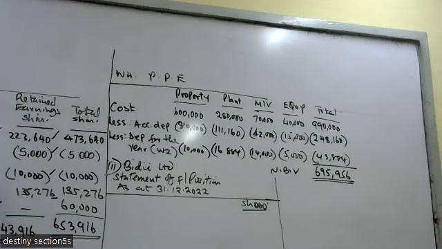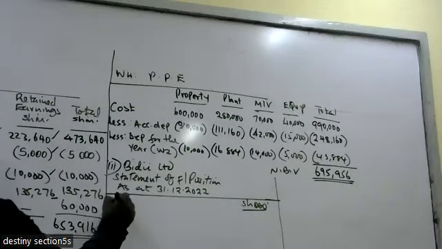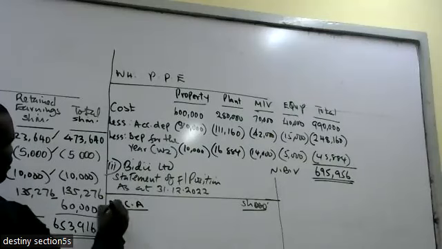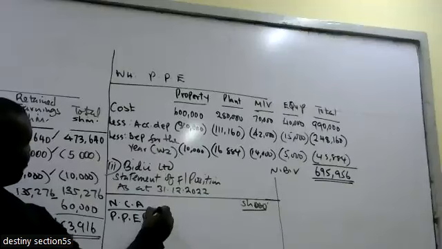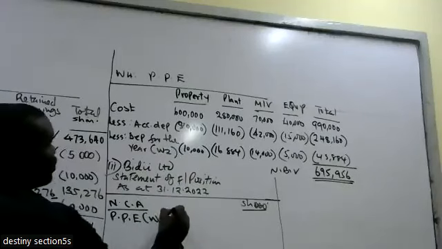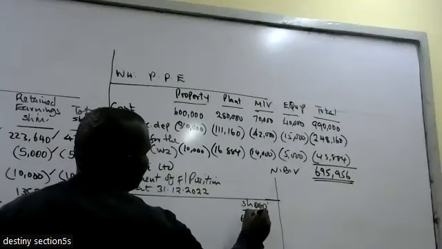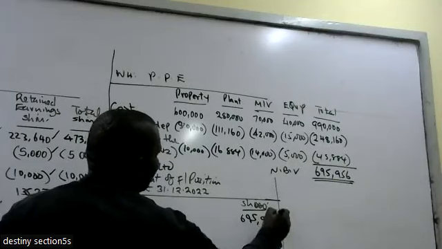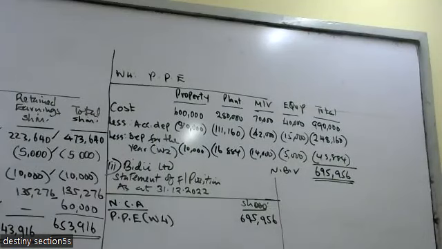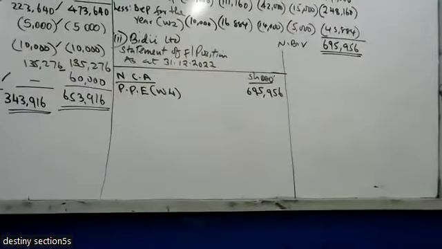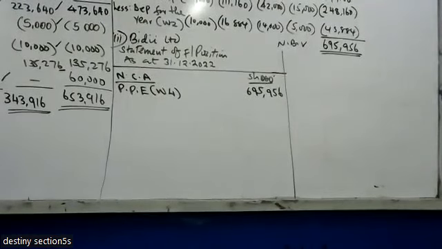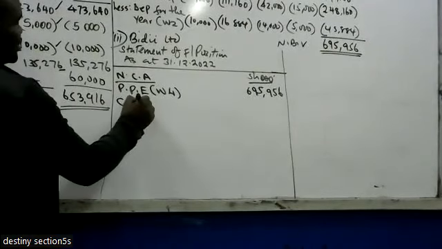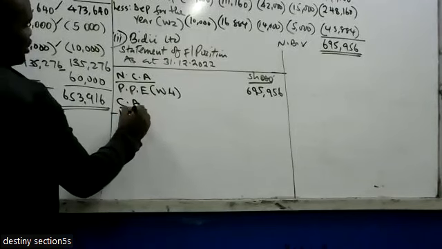So we kick off. Non-current assets: PPE, working number 4. Then current assets, inventory.